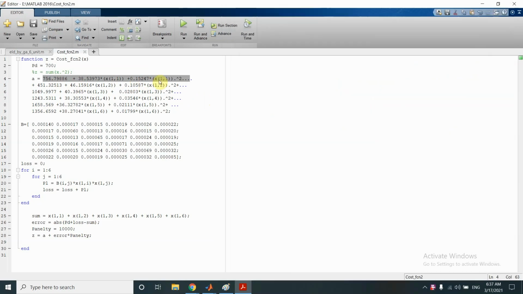So we are taking x11 squared. bi is 38.53 and we are multiplying it with the generation of the first unit, and ci is 756. We simply add these values. So this would give the cost of generation for the first unit.